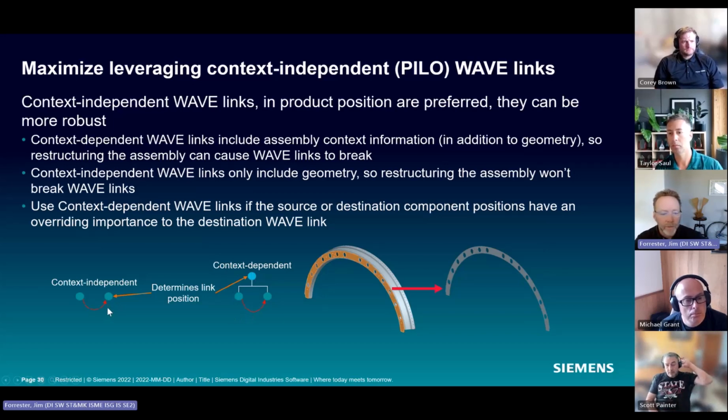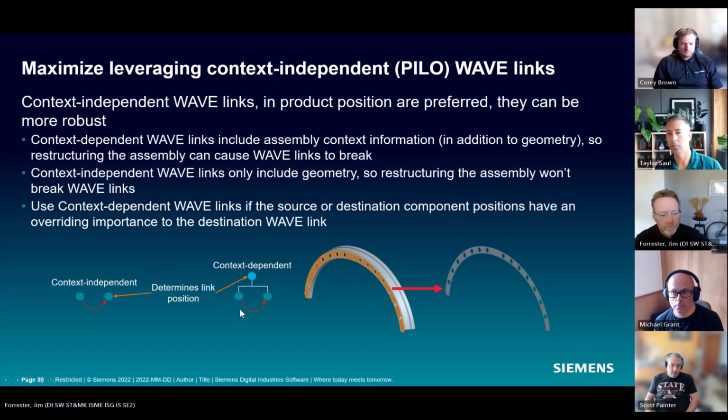Typically, for example, if a person makes a position dependent or context dependent wavelength from part A, source to destination, the position of that wavelength is managed by the assembly part file.